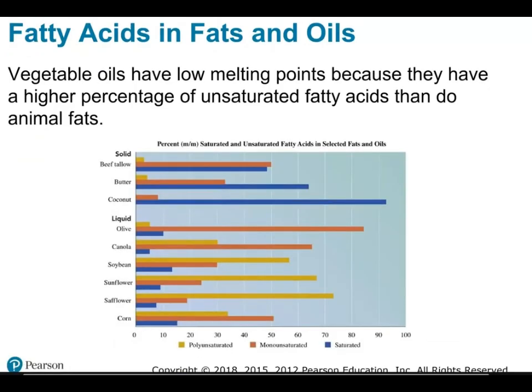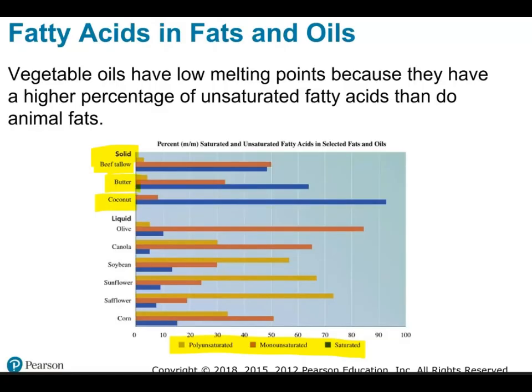So this is a good example of how the percentage of saturated, polyunsaturated, and monounsaturated fatty acids differs between different types of oil. Solid fats, you see a lot of saturated: butter, coconut oil, a lot of saturated fatty acids.